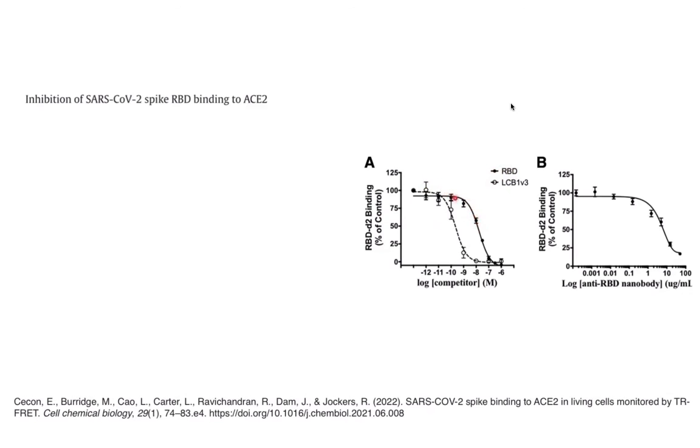And so that's what they have here: the competition binding curve for the unlabeled RBD compared to the labeled RBD. And in here we have this LCB1B3, which is a little protein-like peptide thing that they engineered to try to bind and block it. So by looking at this curve, which is going to be the stronger competitor, the stronger binder to that ACE2?